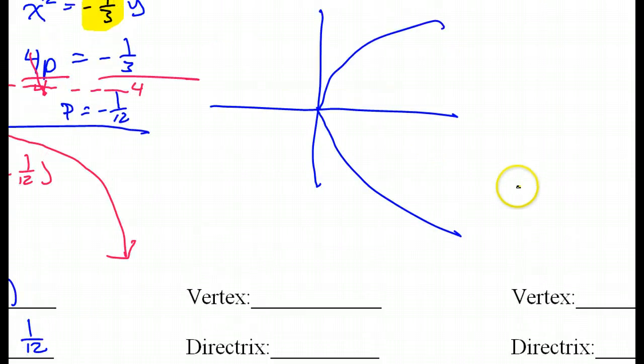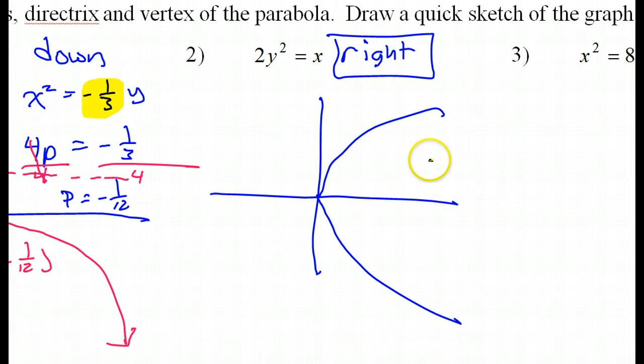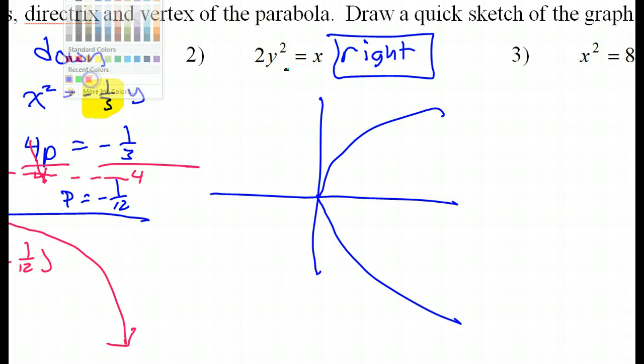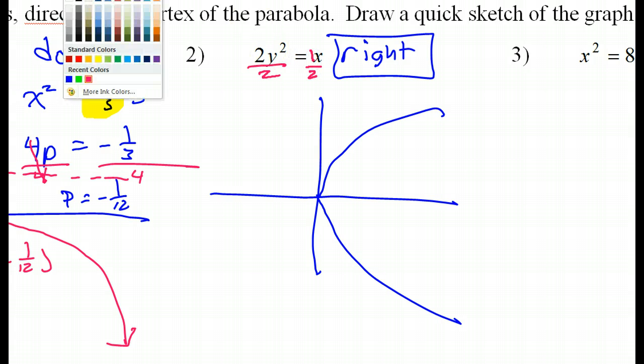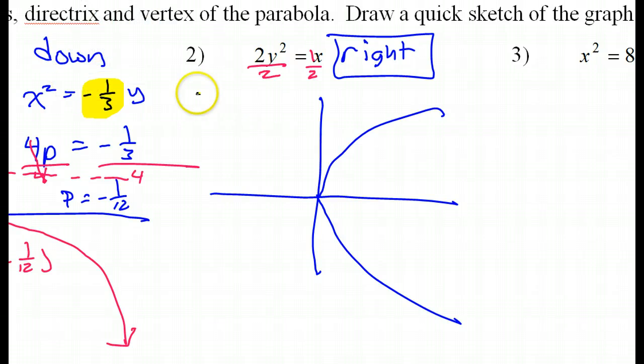Now on number 2, to get the rest, I need to know what the p value is. So we have to get y squared by itself. Let's divide both sides by 2. Put an invisible 1 right there. So that tells us that y squared is equal to 1/2 x.